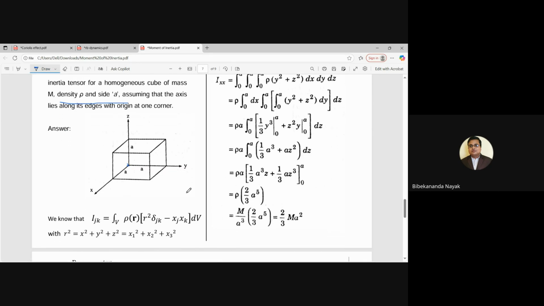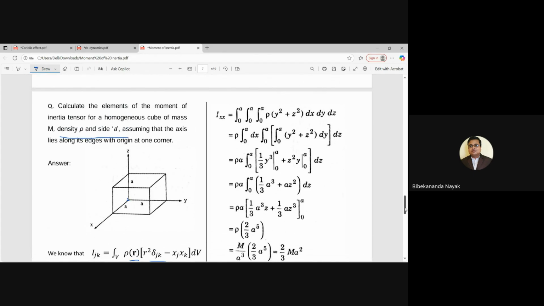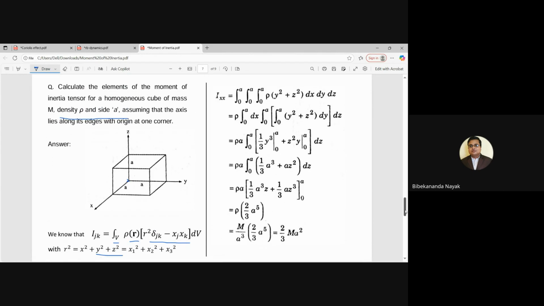We know the formula for a continuous body: Ijk is equal to the integration over volume of rho (r square delta jk minus xj xk) dV. R square means here x square plus y square plus z square, or x1 square plus x2 square plus x3 square, whatever. Now Ixx, according to our formula, when j and k are the same, say xx, it will be r square minus x square.